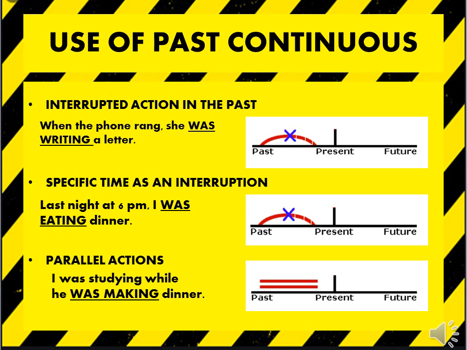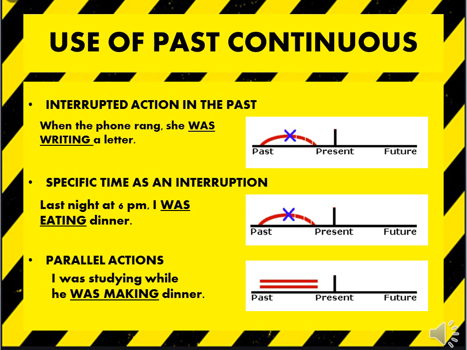Third is parallel actions. When 2 actions are conducted in parallel ways, or maybe they are happening simultaneously, we can use past continuous tense to explain them. For example, I was studying while he was making dinner. Now if you look at the picture, it is showing 2 red lines which are going side by side of each other.